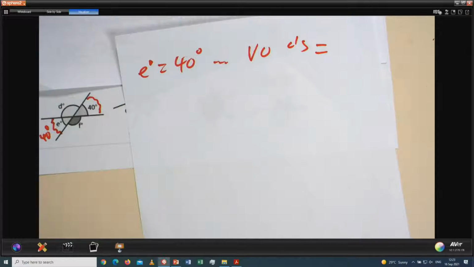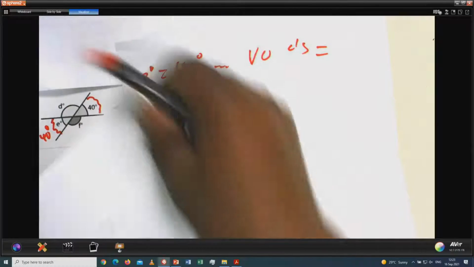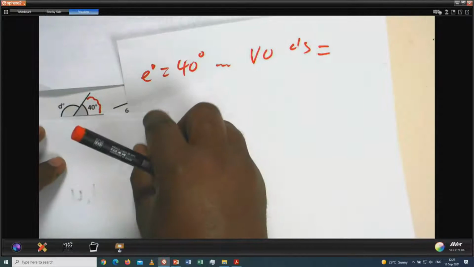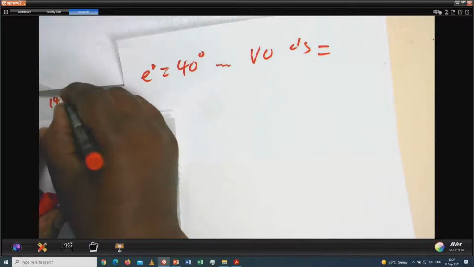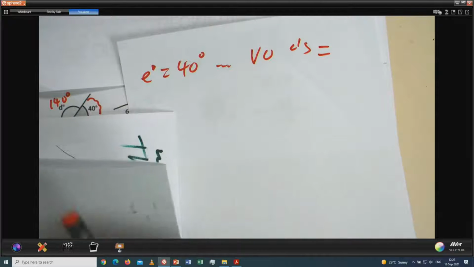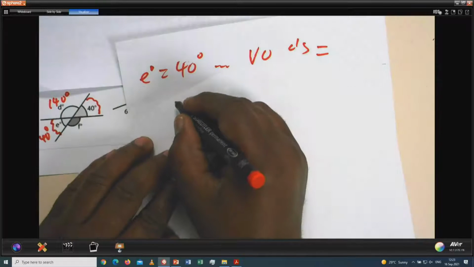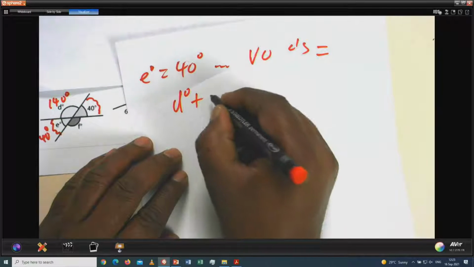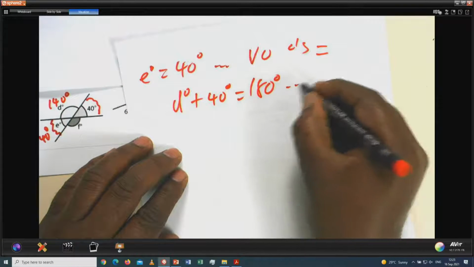Mathematics is a step-by-step process. Now, like I said initially, this is a straight line. For us to get 180, this must be 140 degrees. 140 plus 40 degrees. D degrees plus 40 degrees should give you 180 degrees, angles on a straight line.